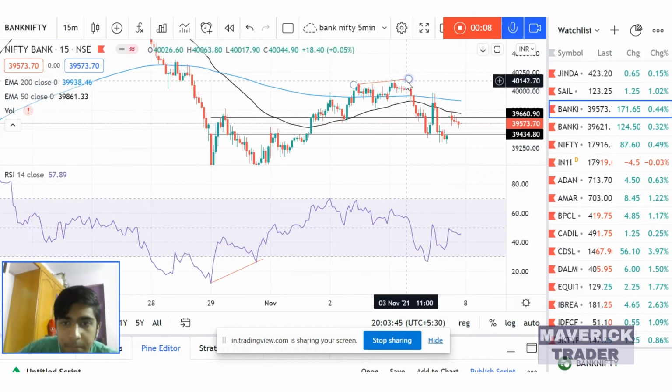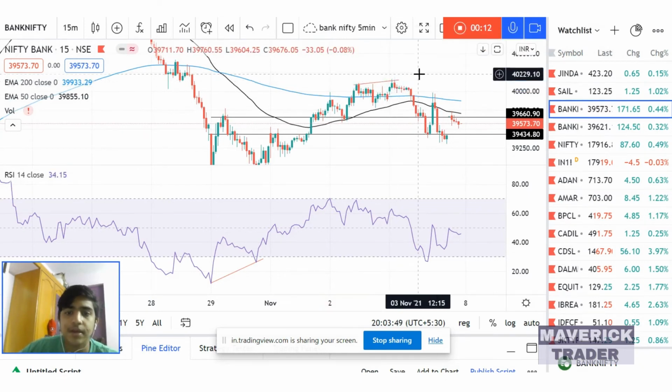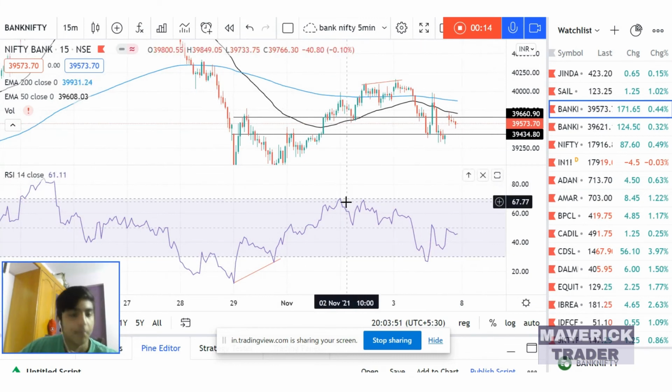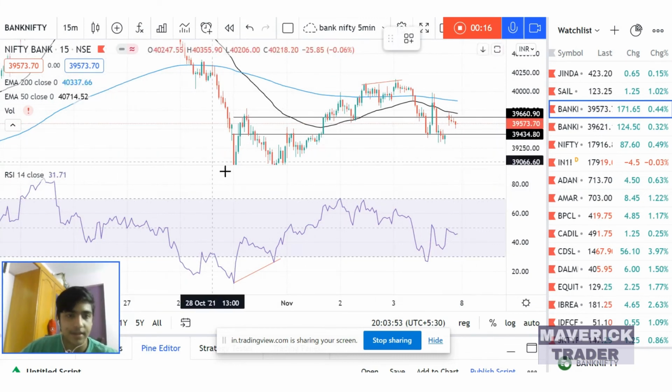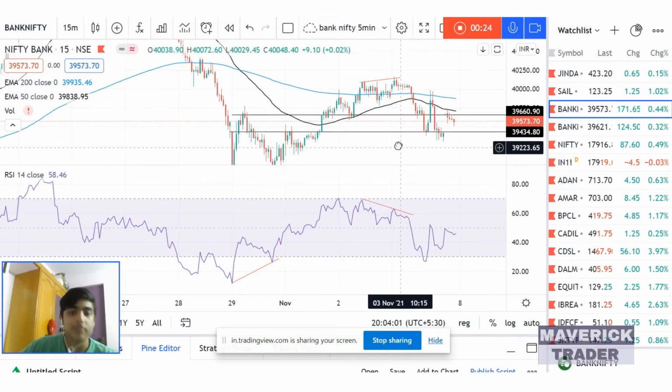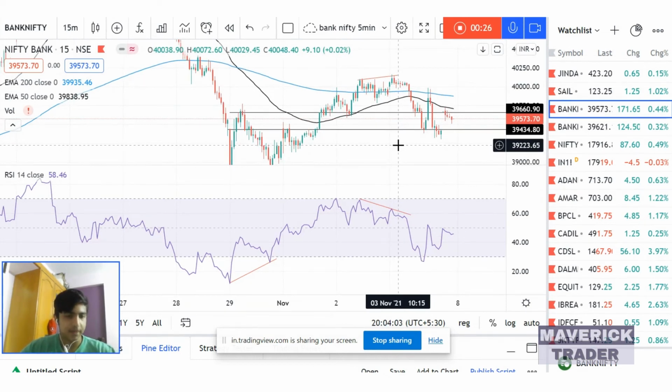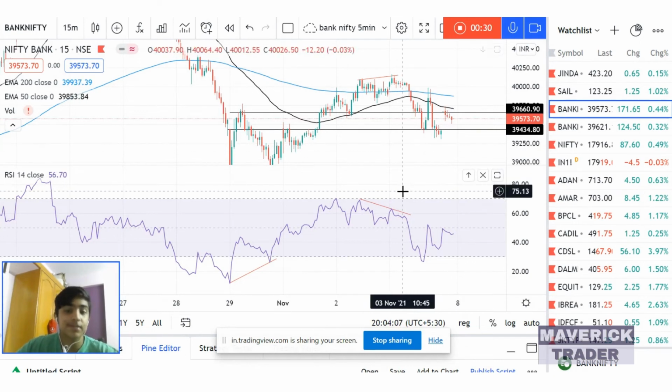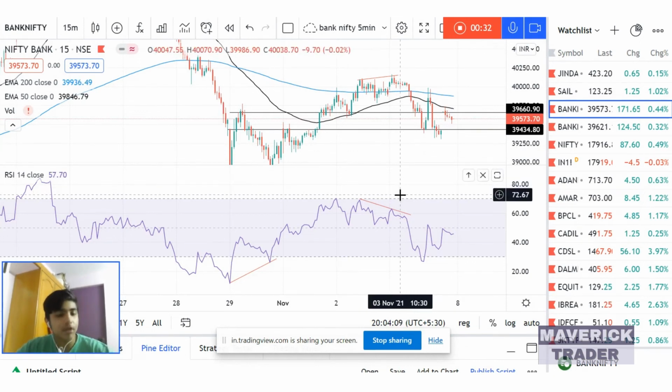See, when the price makes a higher high, can you see it? Price is making a higher high, but the RSI is making a lower high. Can you see how the RSI is making a lower high here? This is considered a bearish sign. Why? Because the price is going higher, but the strength in the price is decreasing.